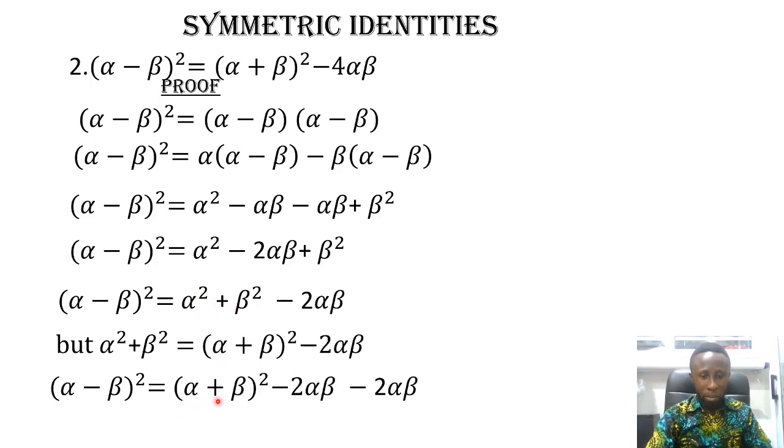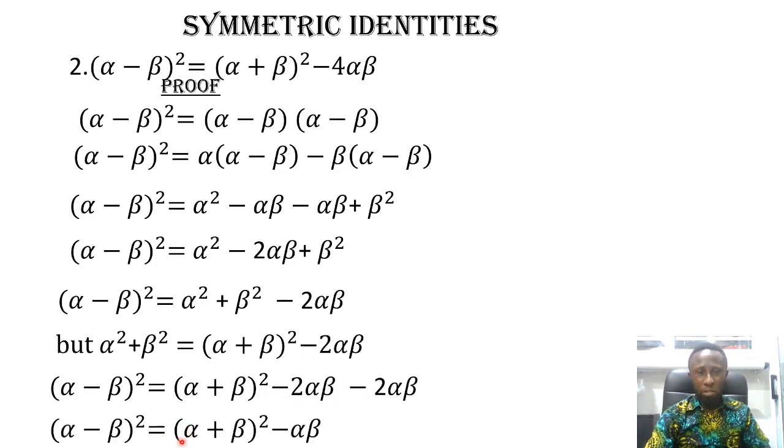So therefore, this one can be solved. So it has been proved, right? So alpha plus beta square minus 4 alpha beta, because negative 2 alpha beta minus 2 alpha beta is equal to negative 4 alpha beta, and it has been proved.